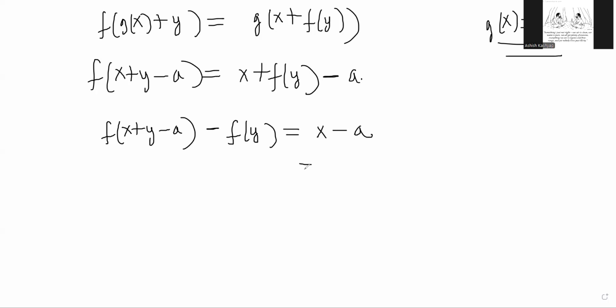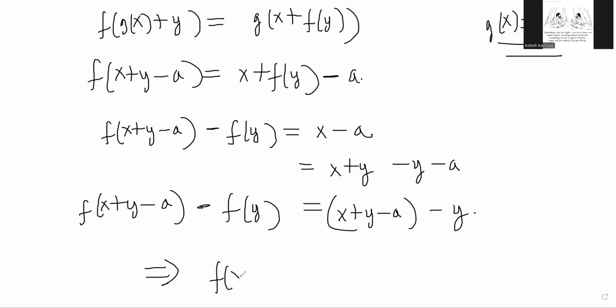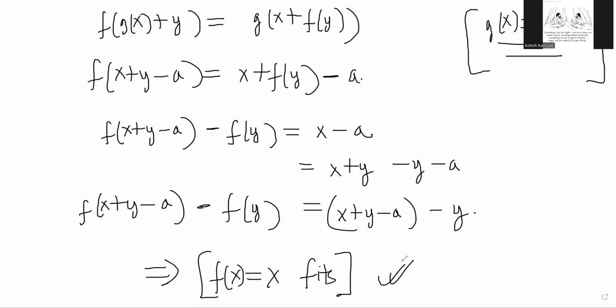So it is obvious from here that f of x is equal to x. So we have already gotten g of x is x minus a, and now we have gotten f of x is equal to x. And those are the solutions to this functional equation.